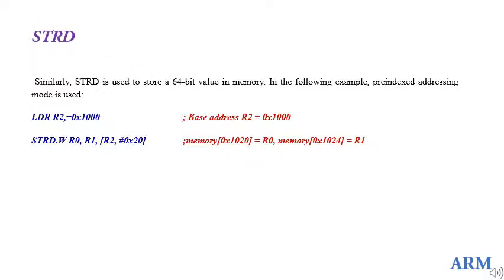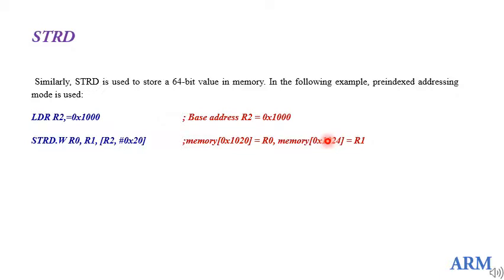So the memory address is 1020. The value stored in R0 is moved to this memory location 1020, which will occupy 4 memory locations because R0 is 32 bits, and the next address would be 1024, to which the next register, R1, is stored.